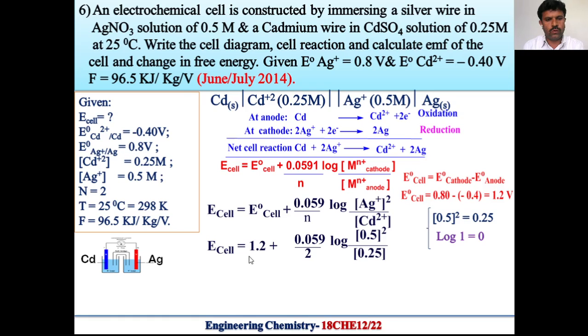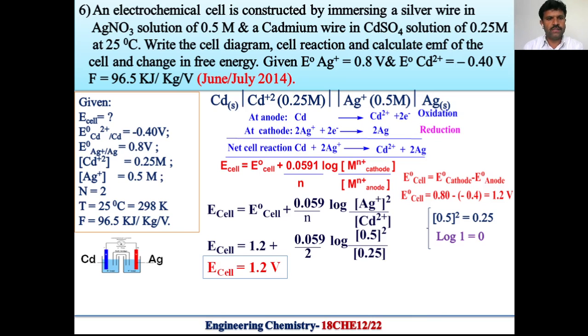E cell is equal to, the value of E naught cell is 1.2 volt plus 0.059 divided by 2 log of the Ag+ concentration, 0.5 molar squared, divided by the Cd2+ solution, 0.25 molar. The 0.5 squared is equal to 0.25, so 0.25 divided by 0.25, this term becomes 1, log 1 is equal to 0, hence the whole term is equal to 0, hence the EMF of the cell is equal to 1.2 volt.